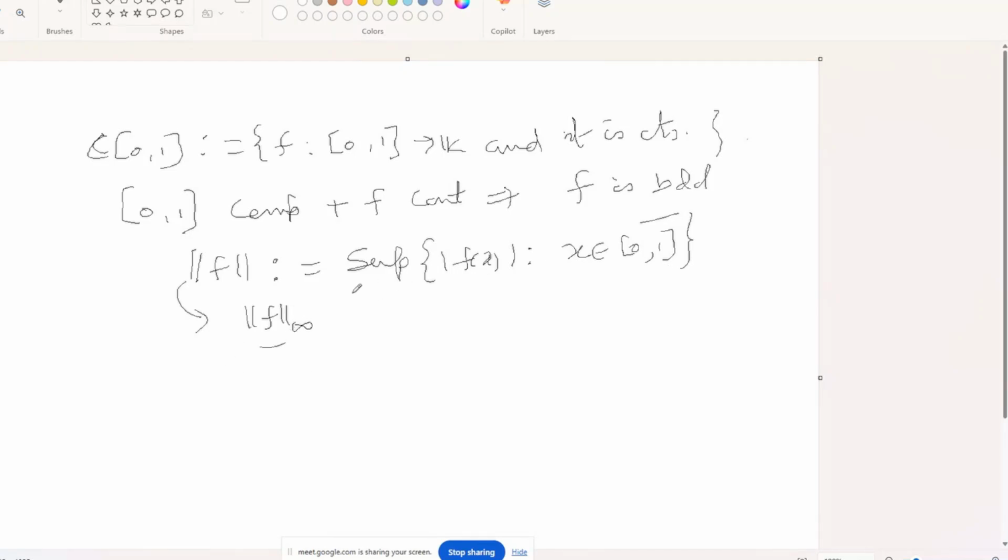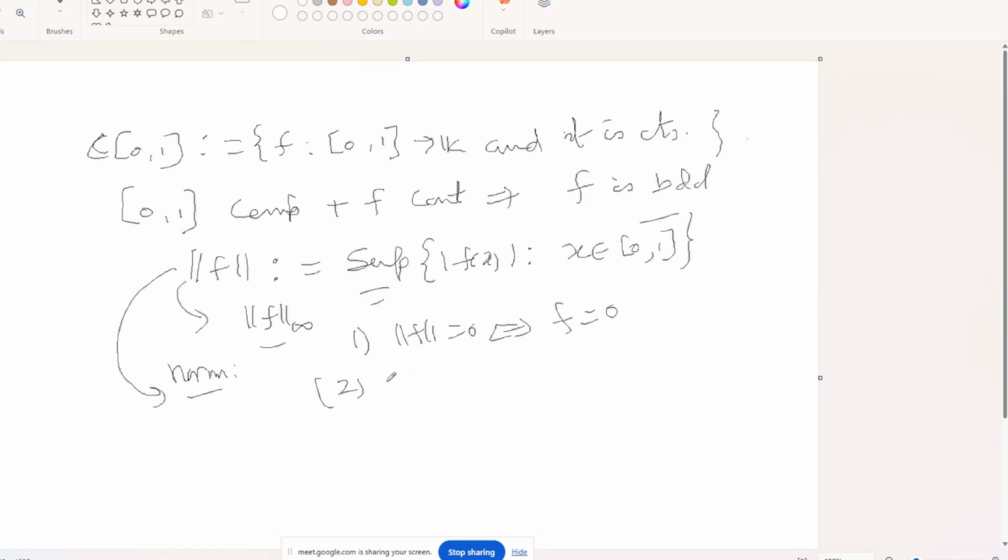That is a supremum. This is a norm. That's obvious. One: norm of f equal to 0 implies f is 0. That's obvious. If the supremum is 0, then f is 0.